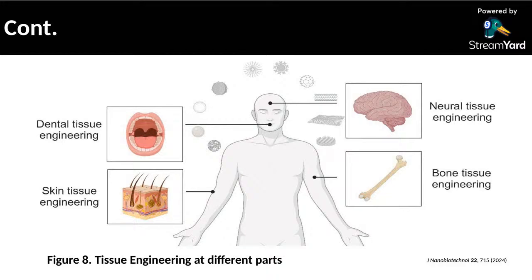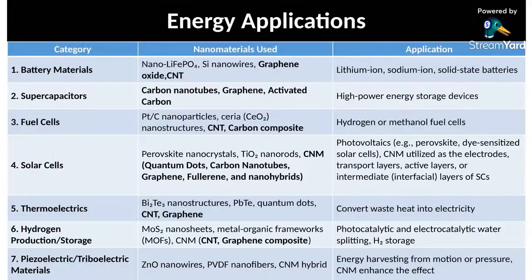Then there is tissue engineering in different parts: dental tissue engineering, where we use carbon nanomaterials, then skin tissue engineering, neuron tissue engineering, and bone tissue engineering. In all these parts, we use nanomaterials, especially carbon-based nanomaterials. Then energy applications, energy storage applications.